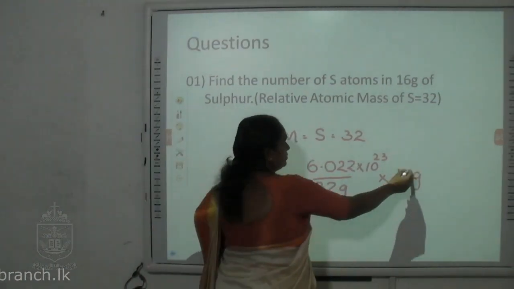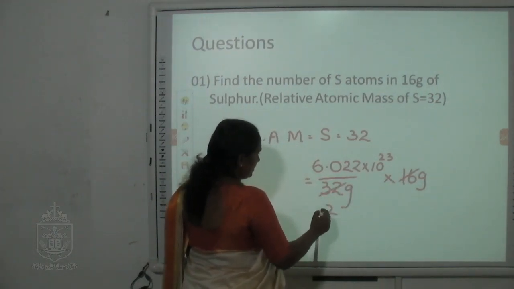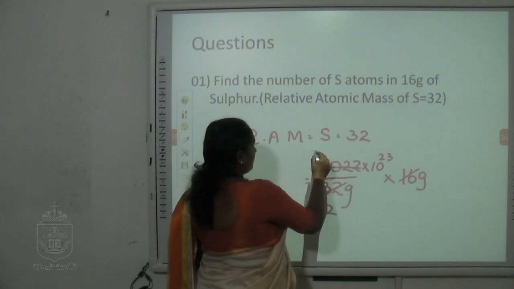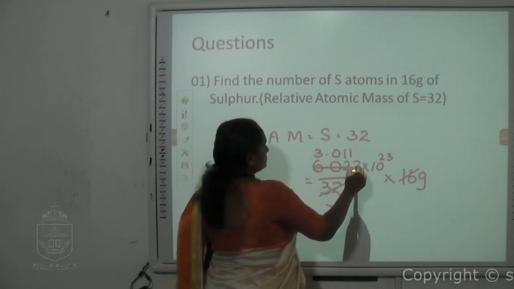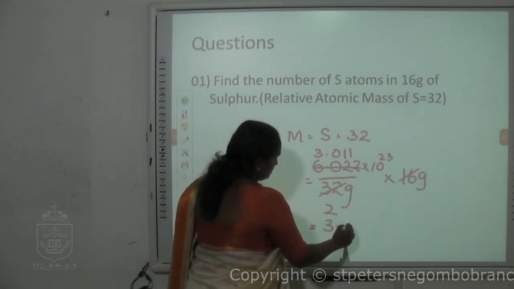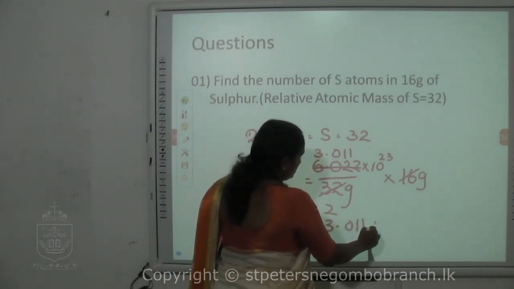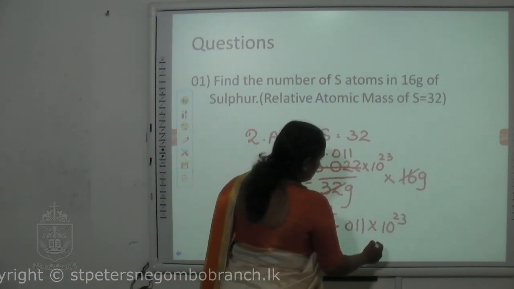Right? Then we have to divide like this. Then the answer will be 3.011 into 10 to the power 23.